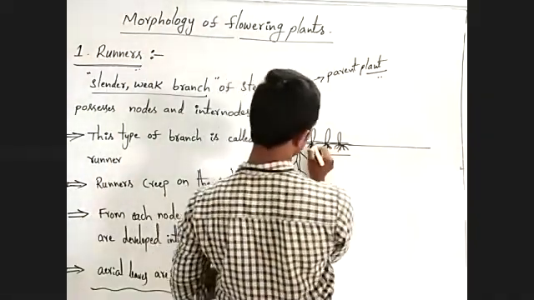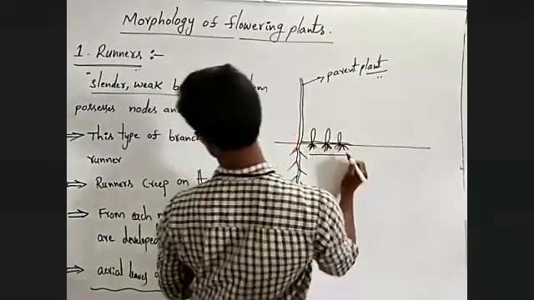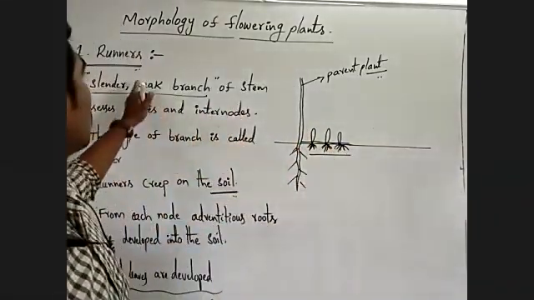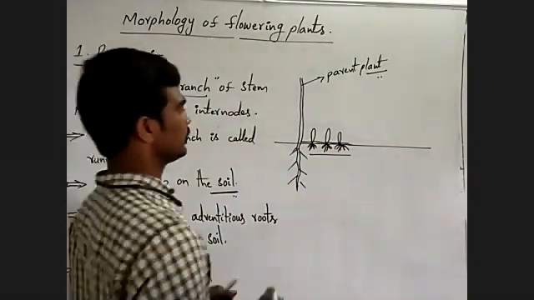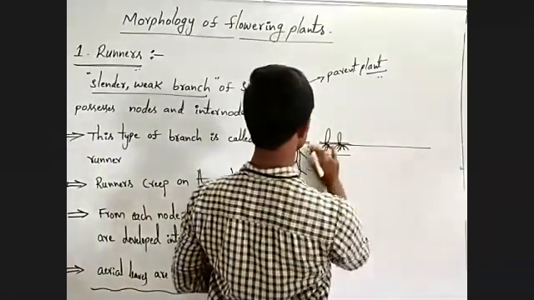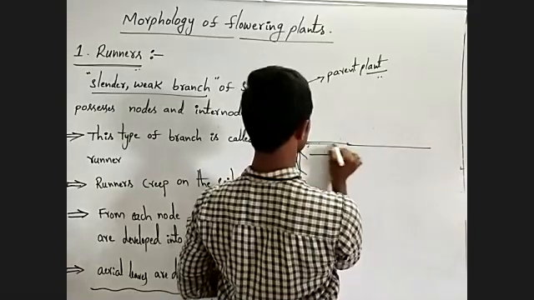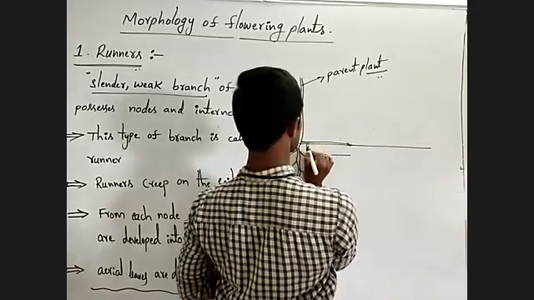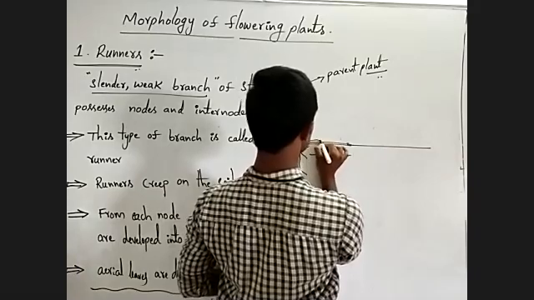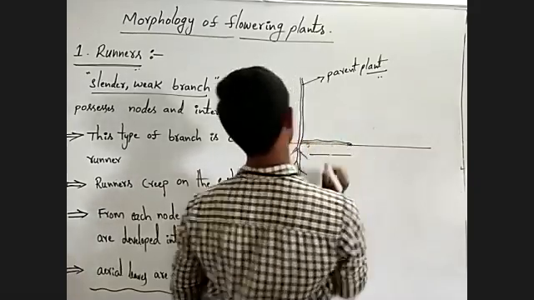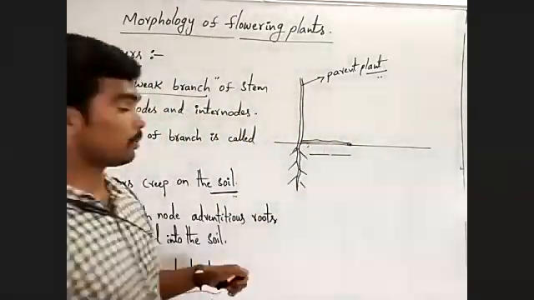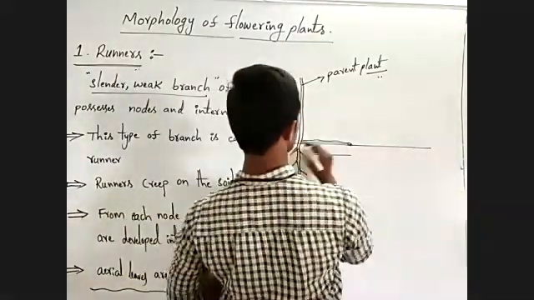Next, these are runners. Actually, a stem means, for example, this is a branch. This is a branch of this plant.